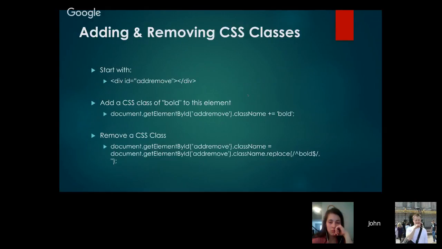This is adding and removing CSS classes. So you got your ID of add remove. If we want to add the bold to the CSS class, this shows you how to add and remove the bold piece in the add line. And then it shows you in the remove part how to take that out.